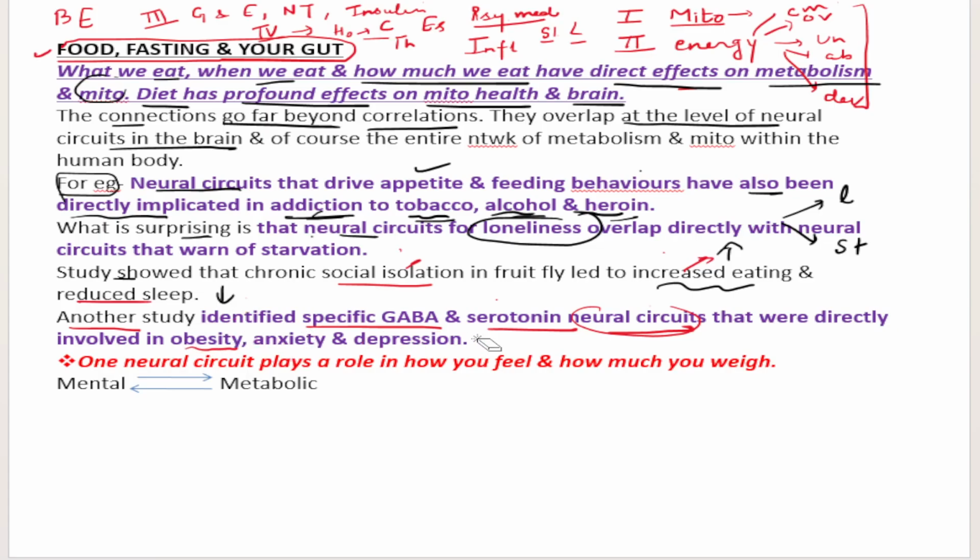So one neural circuit plays a role in how you feel, that is loneliness, and how much you weigh, that is eating behavior, obesity, etc. So to conclude, mental is affecting metabolic and metabolic is affecting mental. There is a feedback mechanism between mental health and metabolic health.